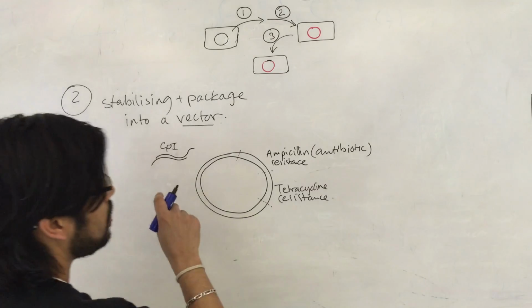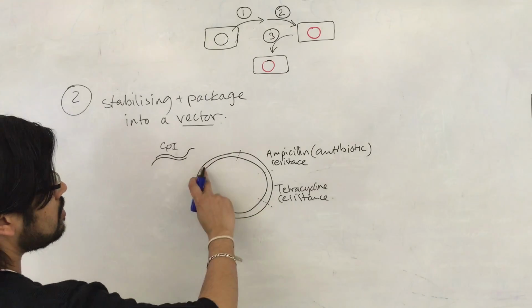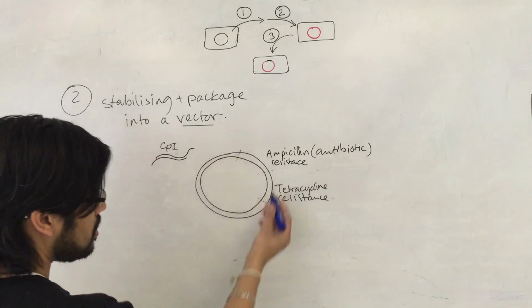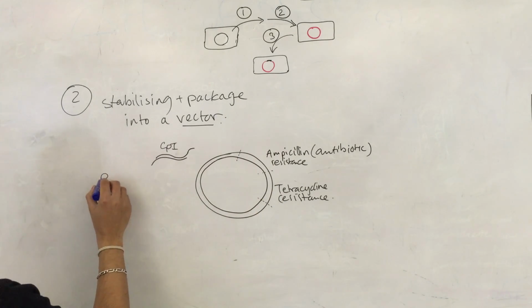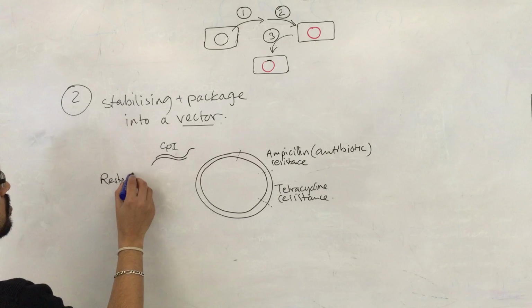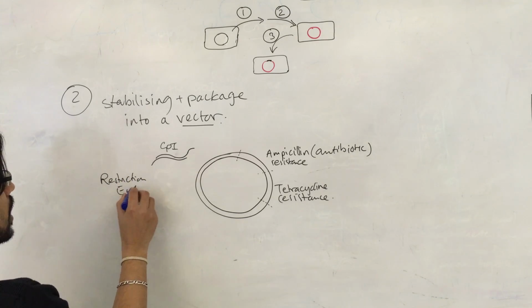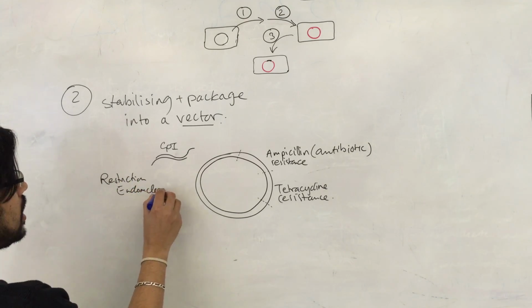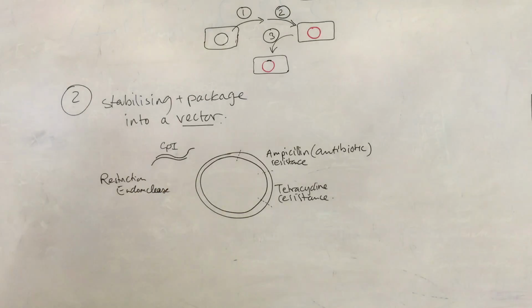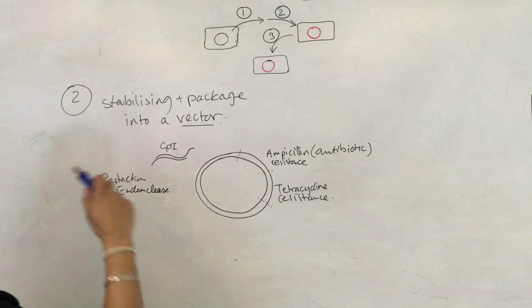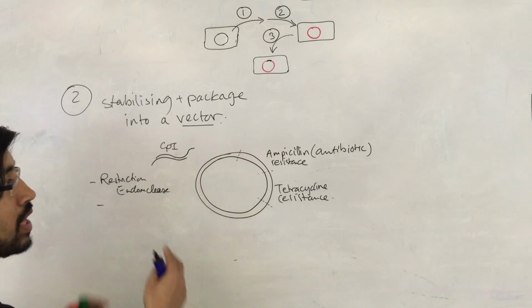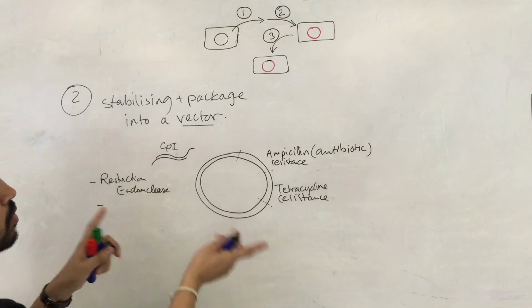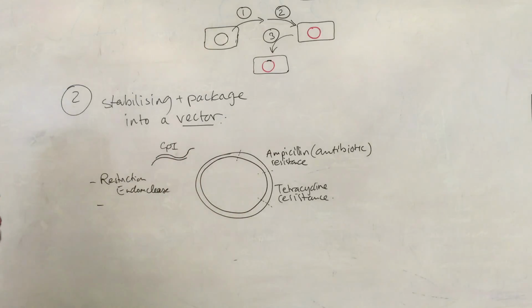So what we'll do is we can treat this vector with a restriction endonuclease. We need one of our tools, restriction endonuclease. And because we're smart, we will use the restriction endonuclease that will produce just the right sticky ends that could anneal to our gene of interest.